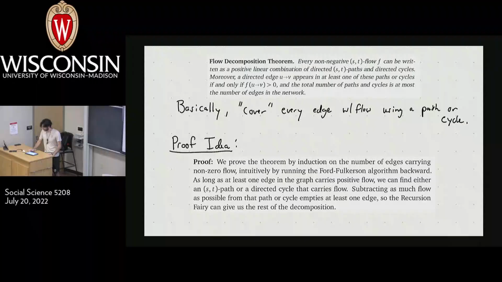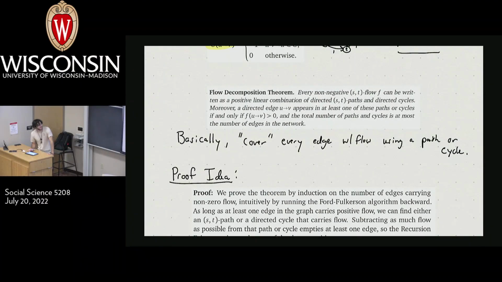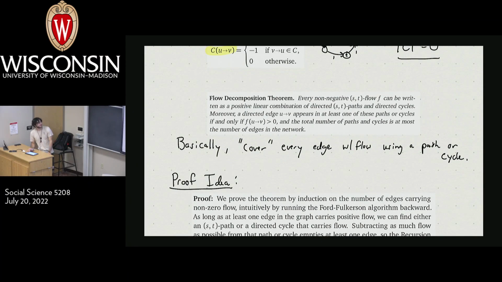Okay. So there's this crazy theorem called the flow decomposition theorem that says every single non-negative ST flow can be written as a positive linear combination of paths and cycles. So in particular, all the flows we thought of up to this point have been non-negative.